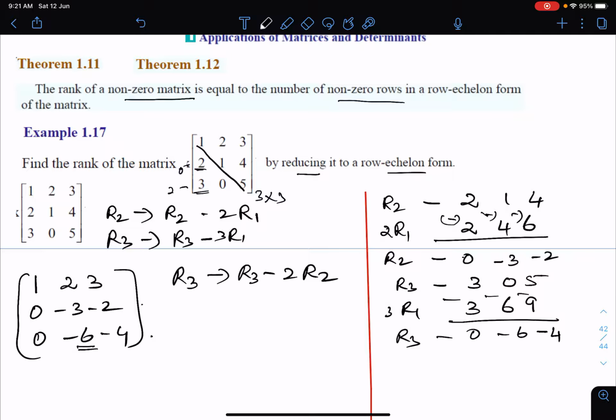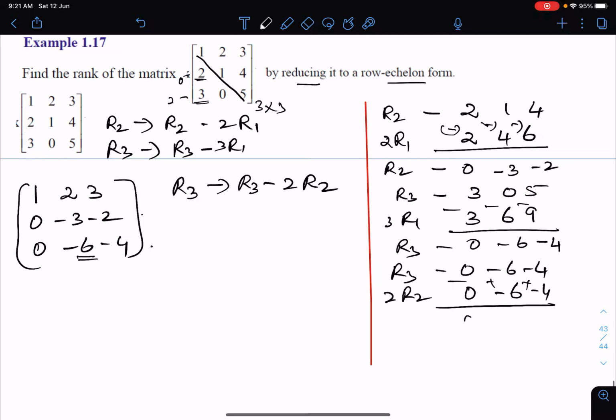What is our row 3? 0, minus 6, minus 4, and 2 row 2 is 0, minus 6 and minus 4. So everything becomes 0. So what is our matrix? 1, 2 and 3, then 0, minus 3, minus 2, and we are changing only R3, which is 0, 0, 0.